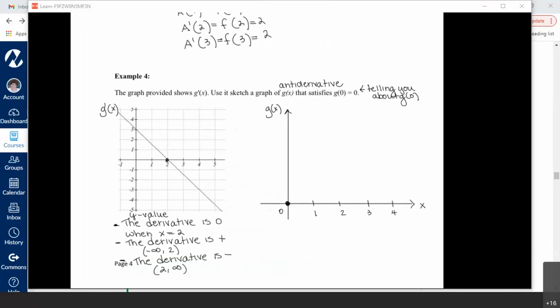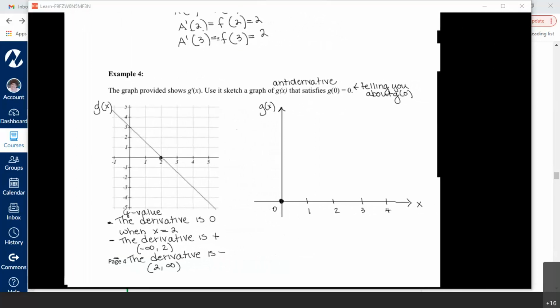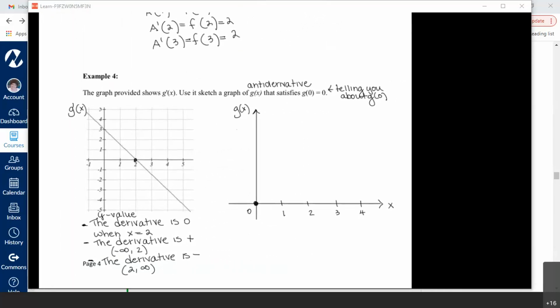Everybody see that? What do these facts about the derivative tell you about g of x? There are 3 facts there.